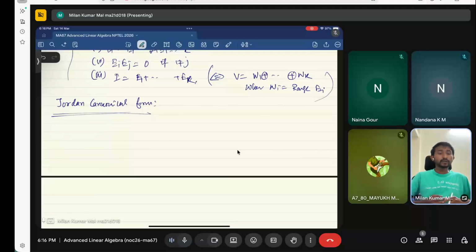Right now, of a matrix, because every linear operator has a matrix representation, and that matrix representation is similar to whatever the Jordan canonical form is. So before going to the Jordan canonical form, I just wanted to mention some facts.